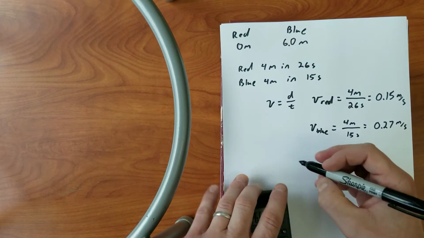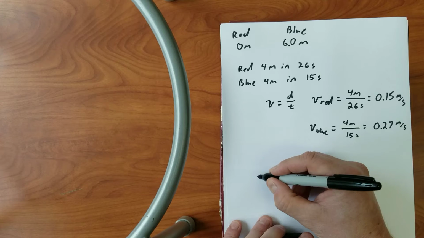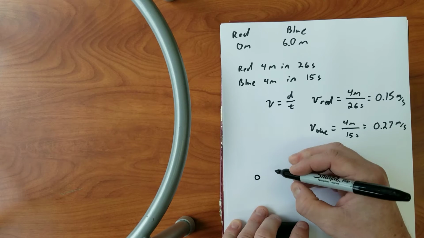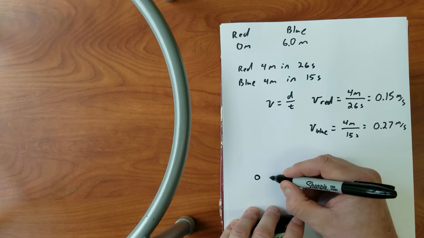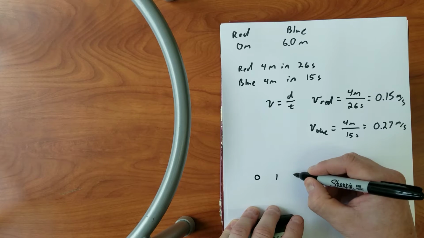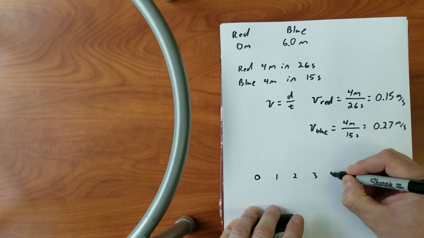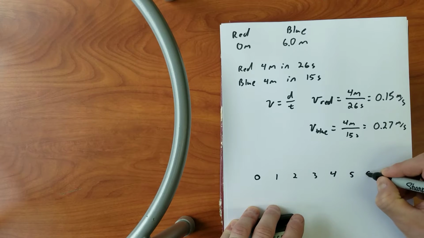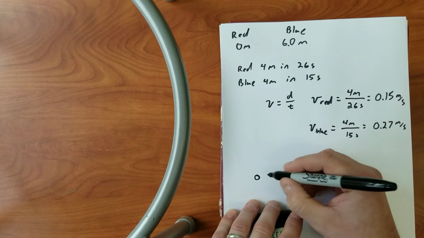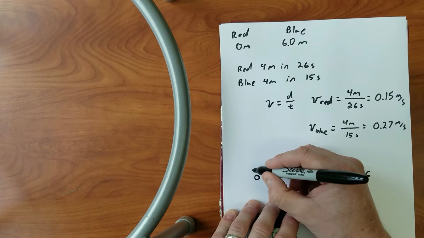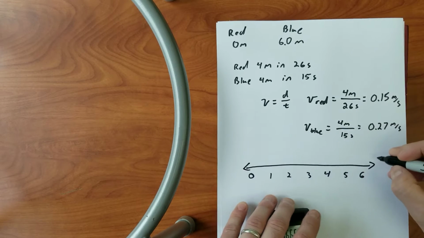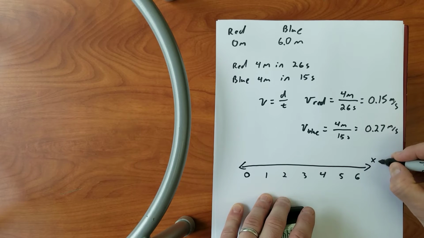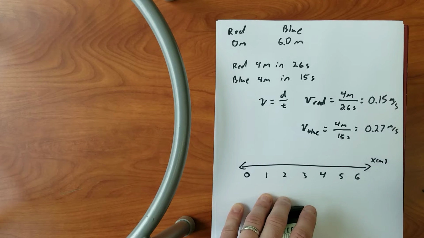So I'm going to draw a little picture, okay? And we'll say there's my 0, let's see, 6 meters. So let's do, yeah, this is fine. 1, 2, 3, 4, 5, 6 meters. These are all meters, so we'll draw a little number line, and this is x in meters, we'll call that.